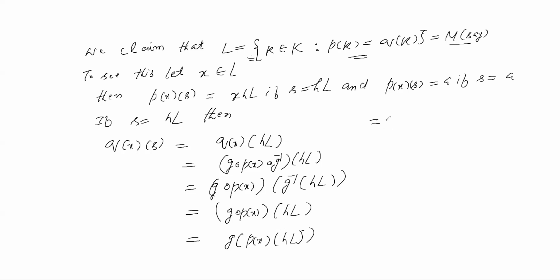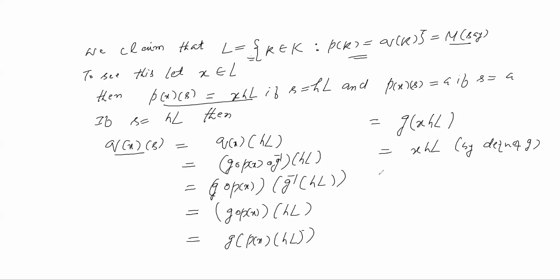So this is G of X_HL, which again is X_HL by definition of G. So Q_X(HL) is X_HL, and P_X(S) is equal to Q_X(S) in this case if S is HL.